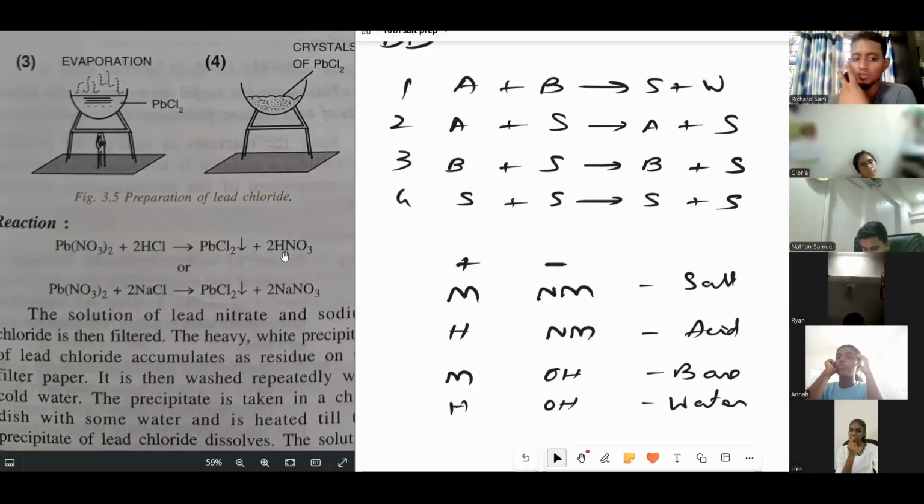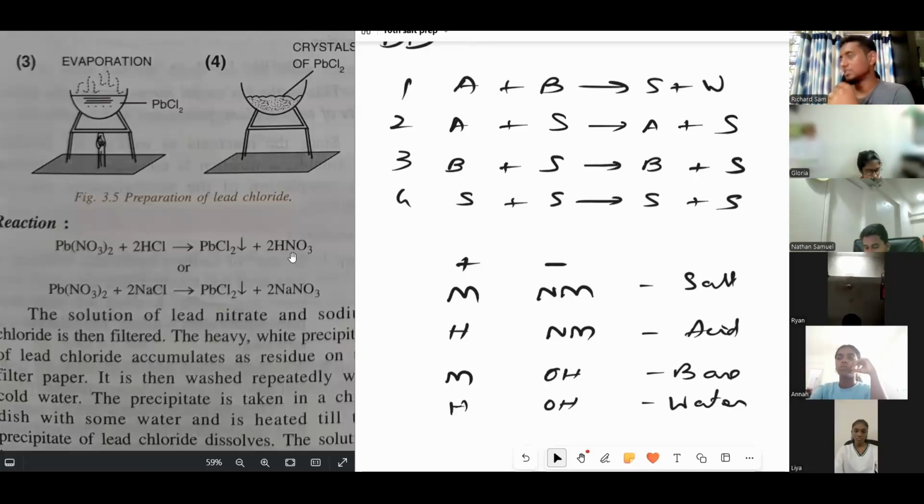It's only two. HNO3 and H2CO3. So the other option over here is to use what? Instead of lead nitrate, what else can we use? Lead carbonate. If you use lead carbonate, then the acid that you produce here will be what?